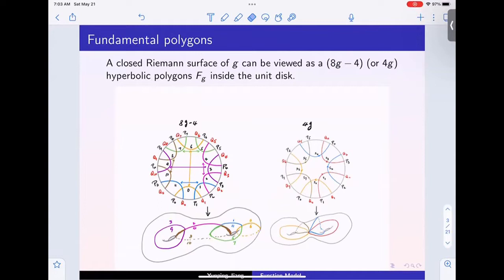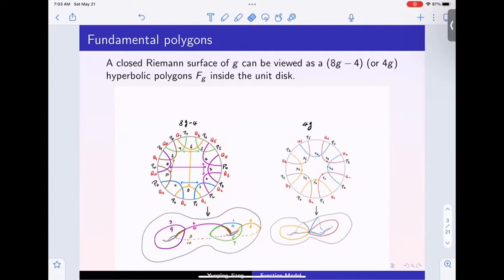If you cut the Riemann surface along some curves, most of the time along geodesics, then you can form polygons. There are many ways to cut a Riemann surface. Here, one way is to cut into (8g minus 4)-gons. Another way is to cut into 4g-gons.